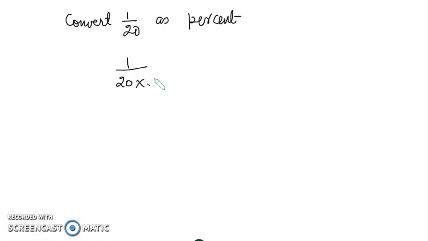You multiply this by 5. Similarly, if you multiply the denominator by 5, you have to multiply the numerator also by 5. That means you finally get 1 times 5 is 5 and 20 times 5 is 100. So that is 5 by 100, which is 5%.